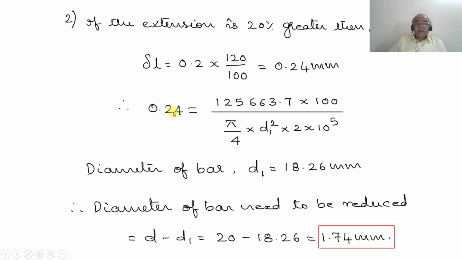So what is delta L? Delta L is equal to P into L by A into E. So what is P? Delta L is given as 0.24 equals, P is 125,663.7, because it is converted into Newton, into L. L is 100 divided by pi by 4 into, since we don't know the diameter, d1 square, into 2 into 10 to the power of 5, that is 200 into 10 to the power of 3.